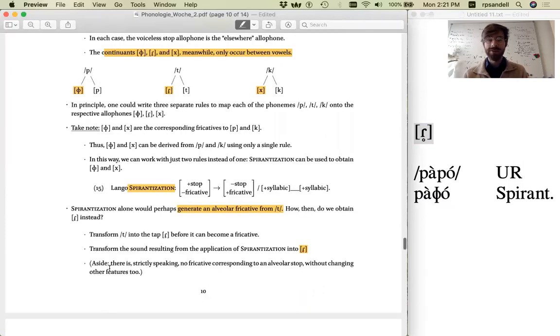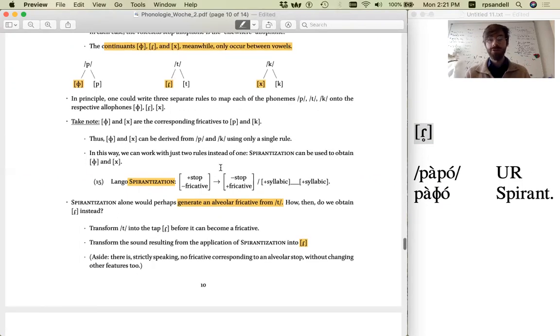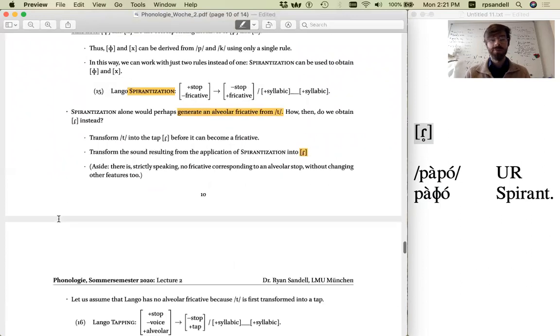One important thing to note here, and this will become clear when we look more at phonological features next week, is that there is actually no fricative directly corresponding to an alveolar stop. The closest thing would perhaps be a sibilant fricative like s, but in the feature system that we will learn about next week, that would require changing some additional features, not simply transforming a stop into a fricative.